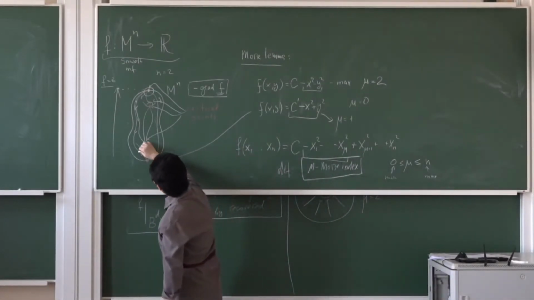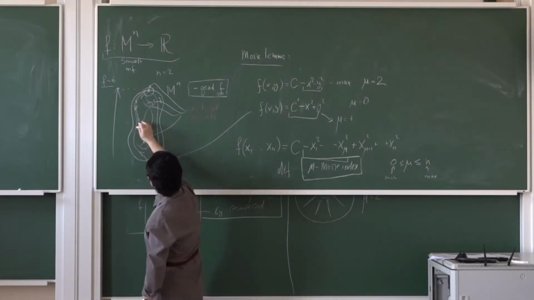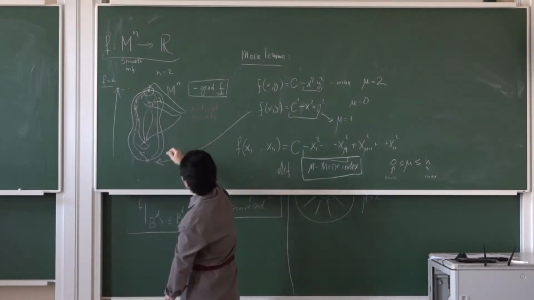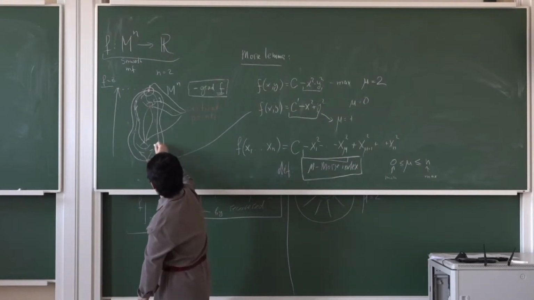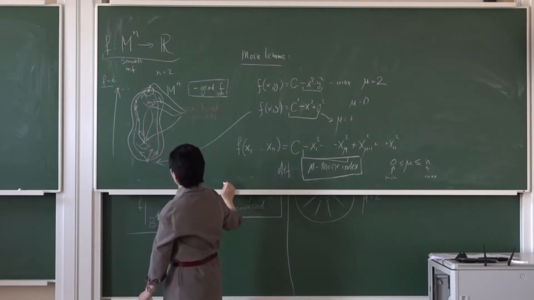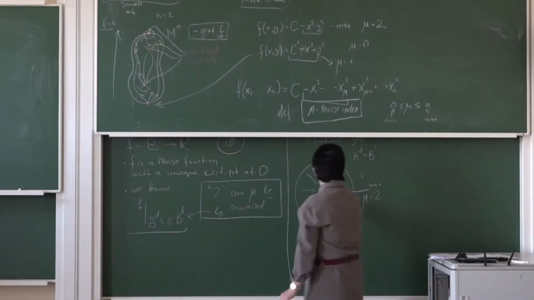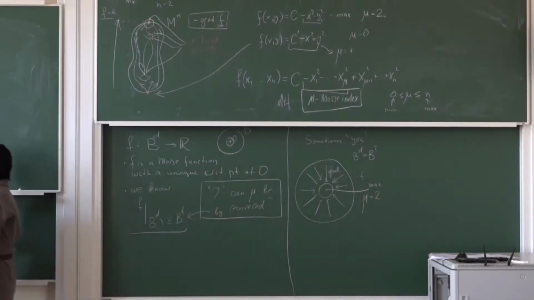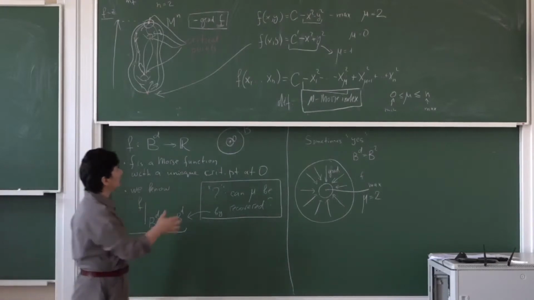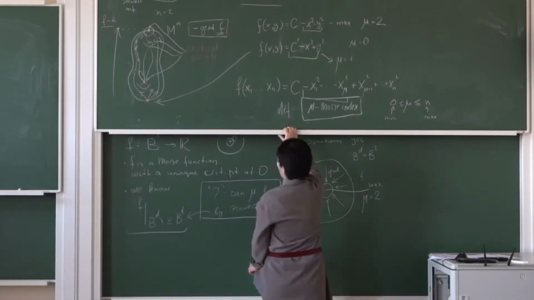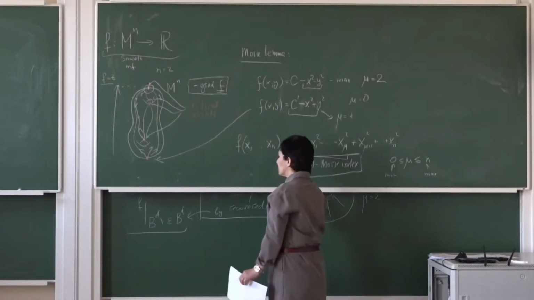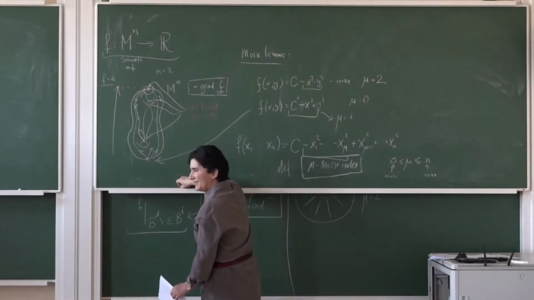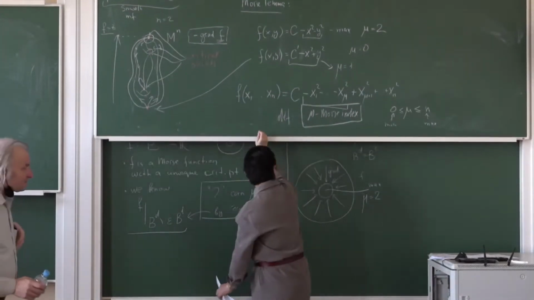Then there are outgoing gradient lines, the anti-gradient lines, and the gradient lines point upwards. So if it is not a maximum, then there should be an outgoing gradient line, which I wanted to draw in red. Do we have colored chalk? I found only one, very small.